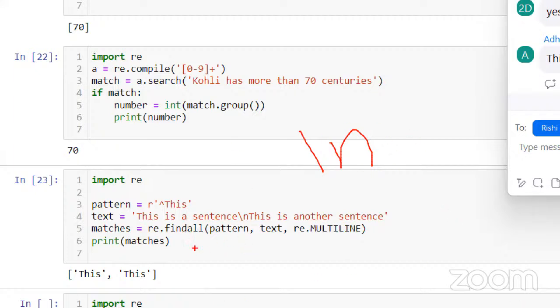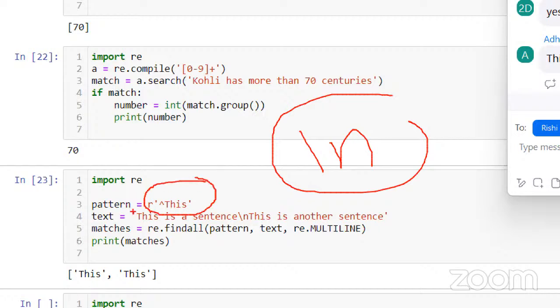But I don't want to stop whenever I encounter a new line. I want to still keep searching for the given pattern in the string. So what is my given pattern? This, why this cap symbol, what does it tell you? Cap symbol means it has to match exactly from the beginning of the string, correct?